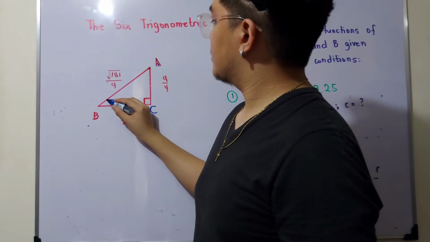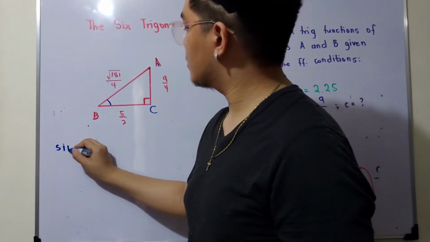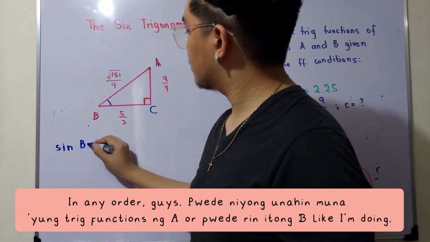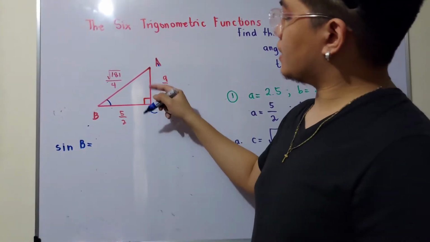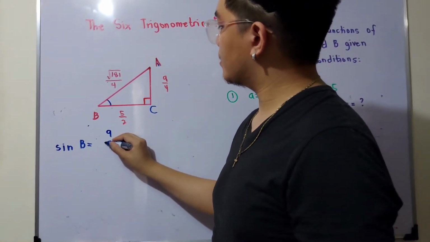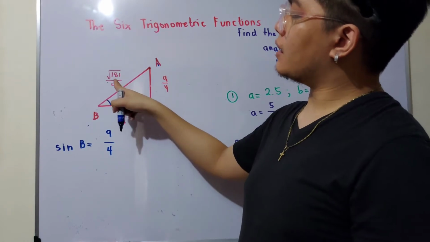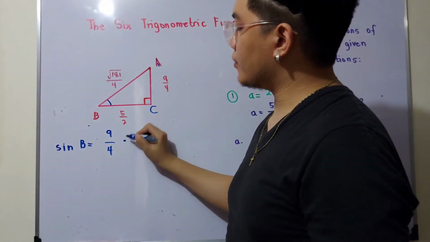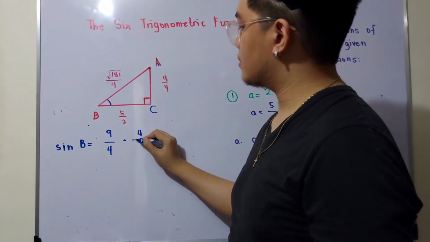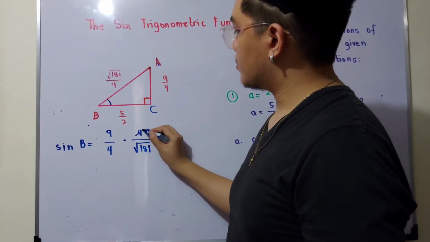First, mas madali si sine B. The sine B, that's opposite over hypotenuse. So, pag over hypotenuse, nasa ilalim to. Since fraction yan, complex, kukunin na natin yung reciprocal. Mag-cancel yun.